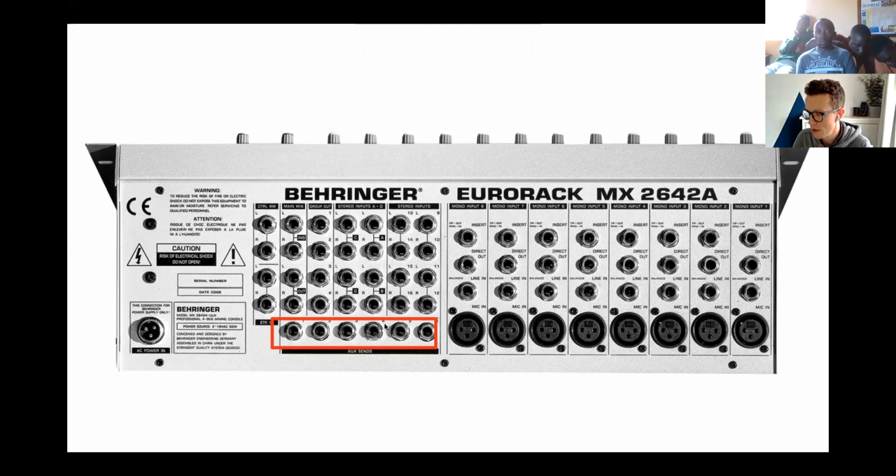So they would plug into this aux send. So that's where you would plug your monitors into. They would come from the amplifier into the desk. You would plug them in here. And then from the desk, you would be sending audio to those monitors.